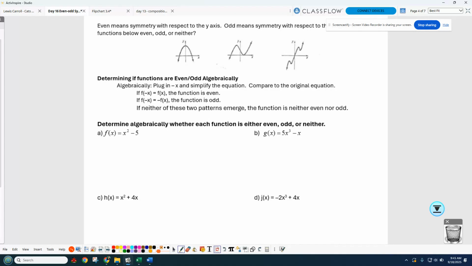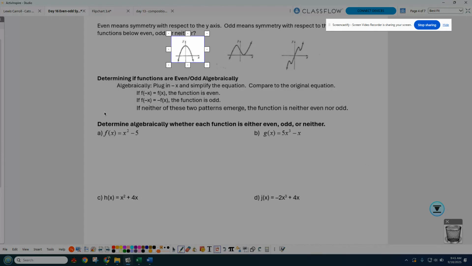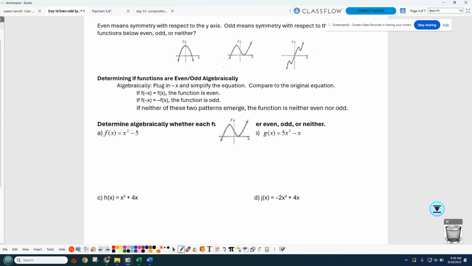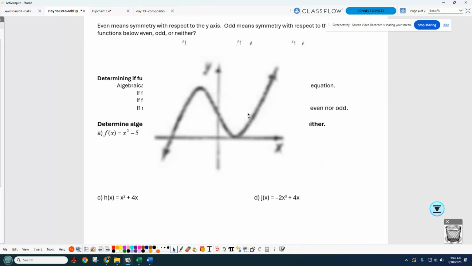Is that true about this one? If I fold it over the y-axis, is it even? No? Okay. What is it? Neither? How can you tell if something's odd, Charles?